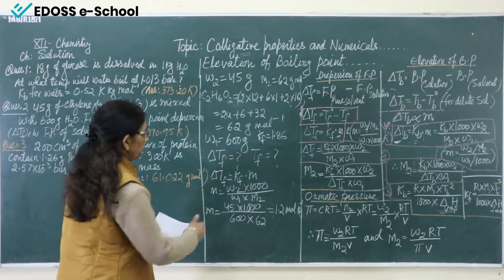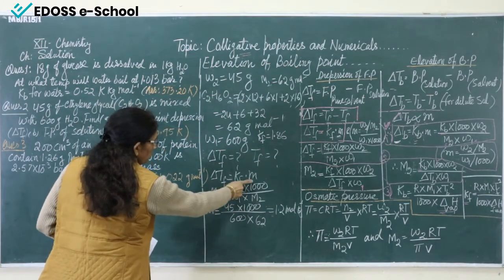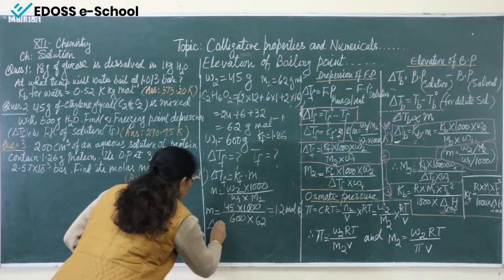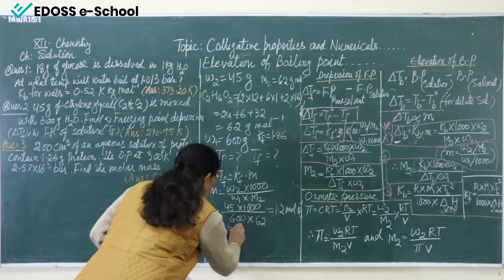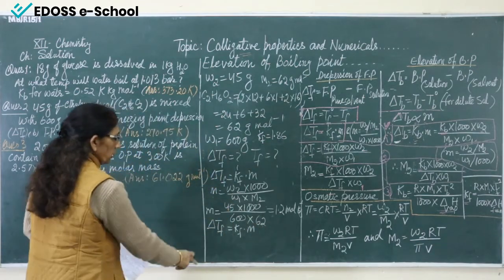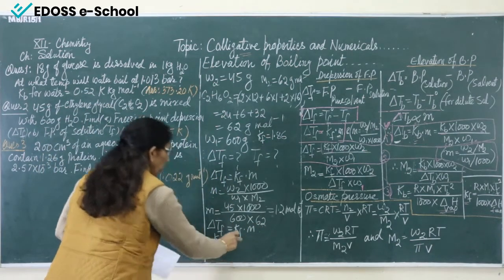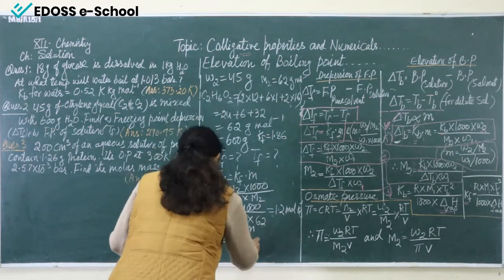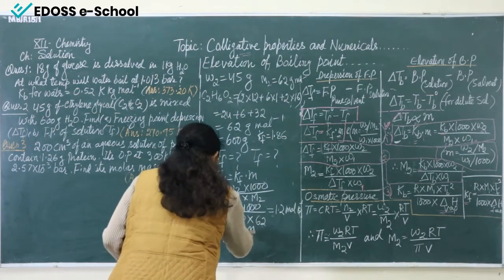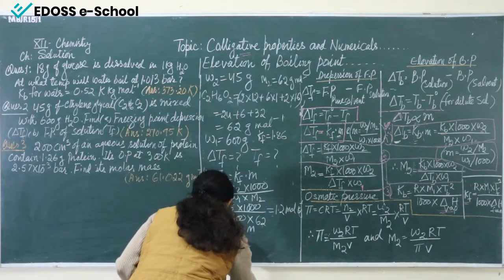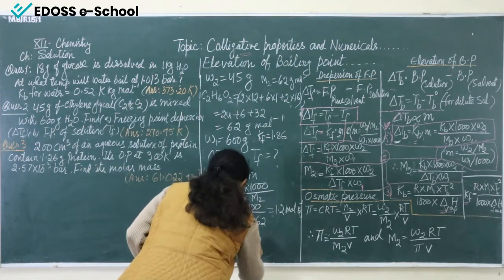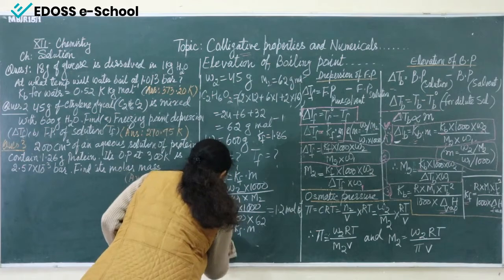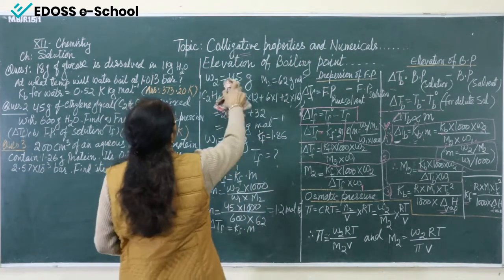So in this formula, m we know. With the help of this formula, now we can calculate delta Tf. So delta Tf is equal to Kf into m.